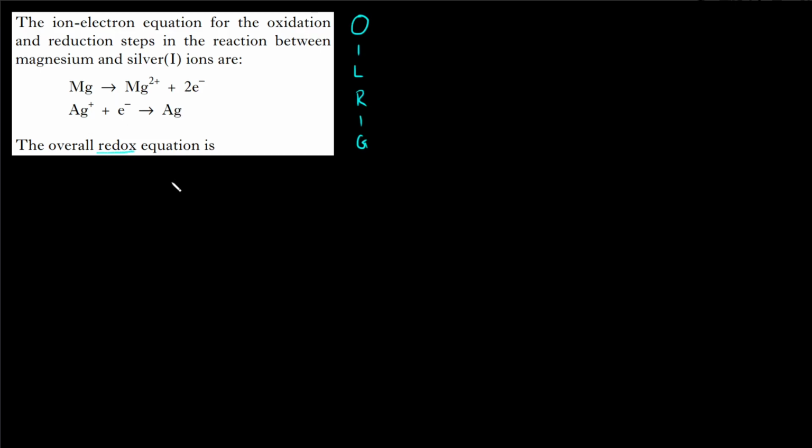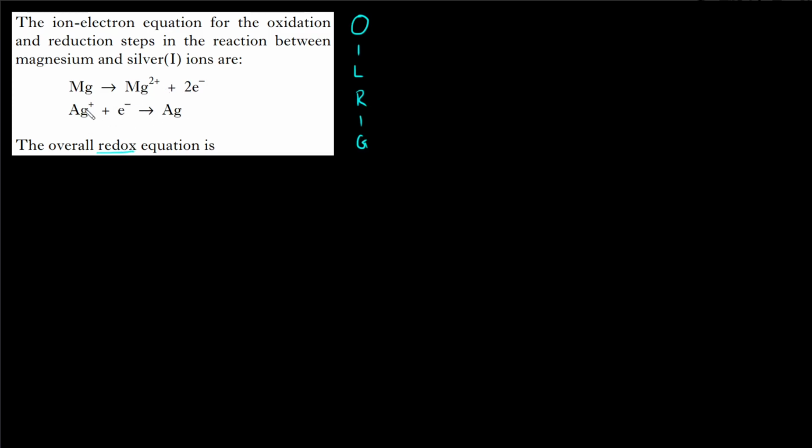Now, as I said before, what we're wanting to do is to combine these 2 equations, but in order to do that, we must have the same amount of electrons in each equation. So, in the top equation, in the oxidation step, I've got 2 electrons. In the bottom equation, I've only got 1 electron, so they're not balanced.